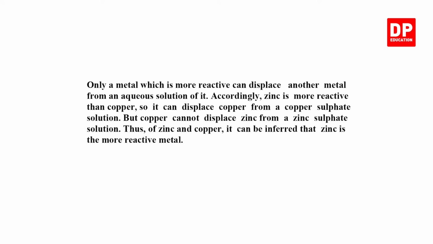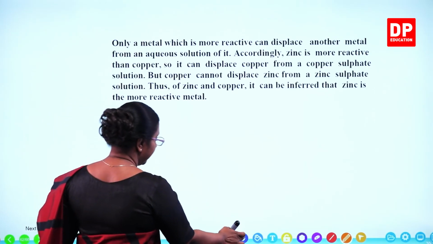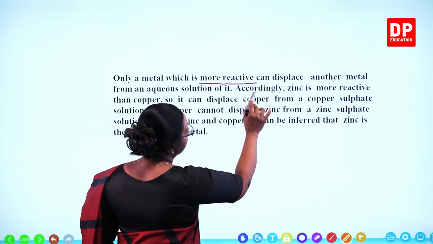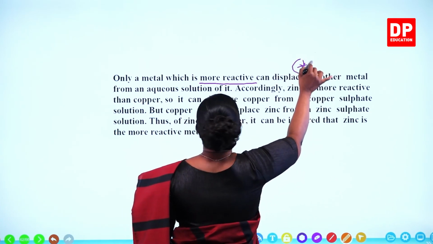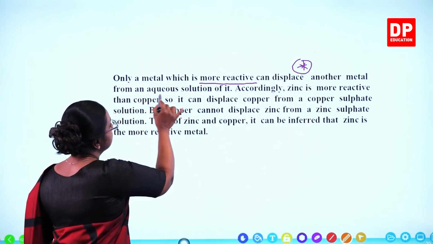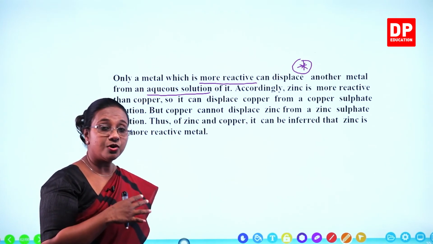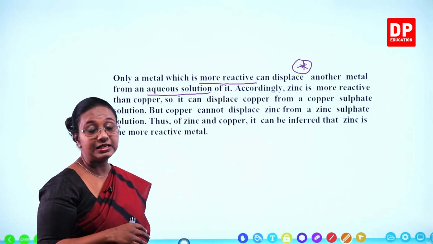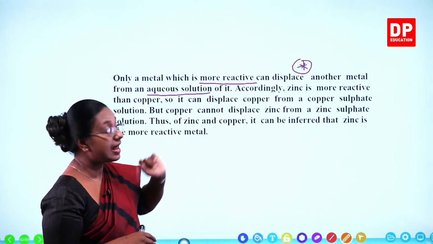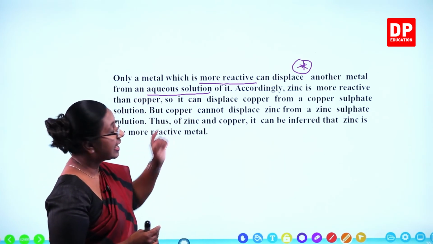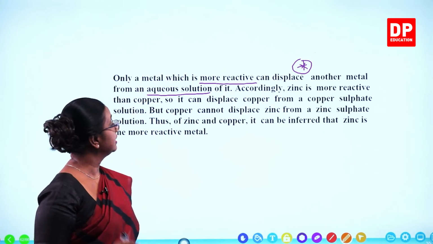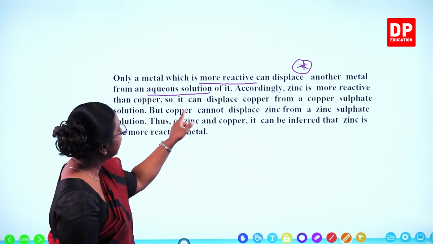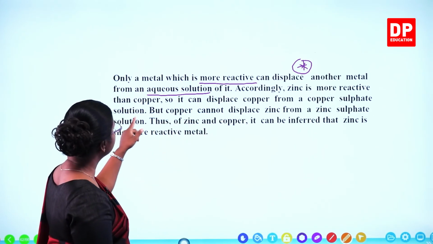Only a metal which is more reactive. So this is what I explained to you all. Only a metal that is more reactive can displace another metal from an aqueous solution of it. So like we saw, copper is less reactive, zinc is more reactive. So the more reactive metal, zinc, can displace another metal, copper, from its aqueous solution, the copper sulfate solution.